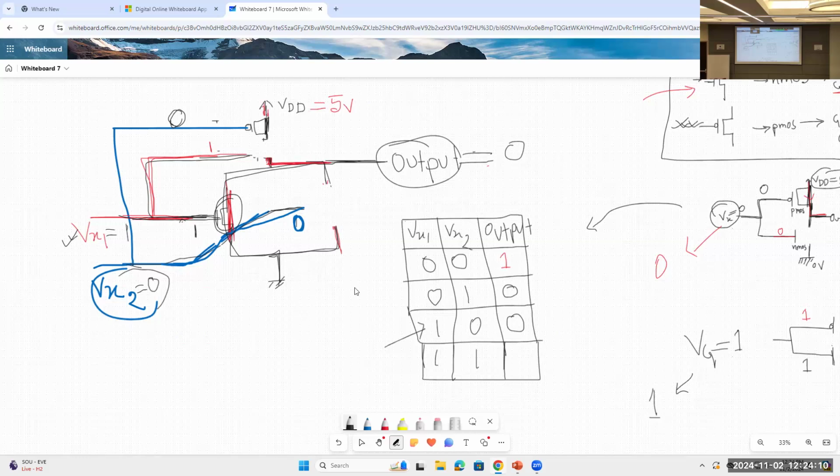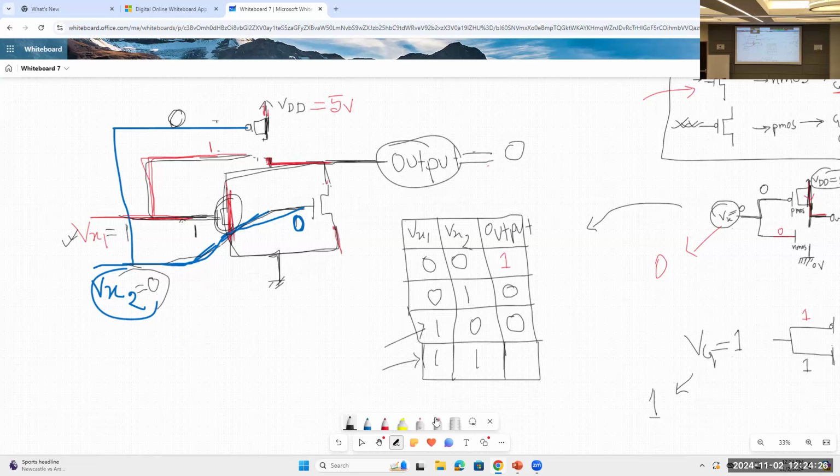And we have reached the last combination, which is 1-1. This is the last combination.